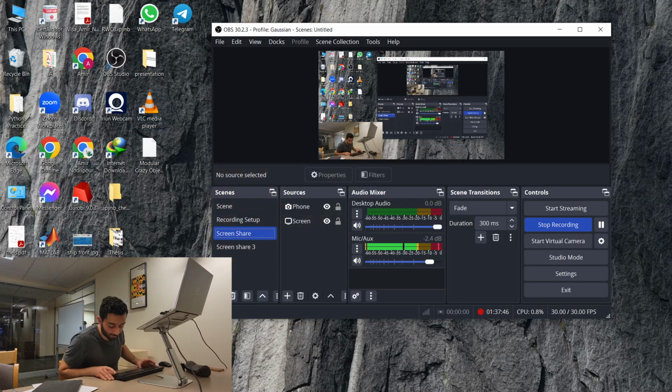So, for the warm-up set, I want to just do left and right.